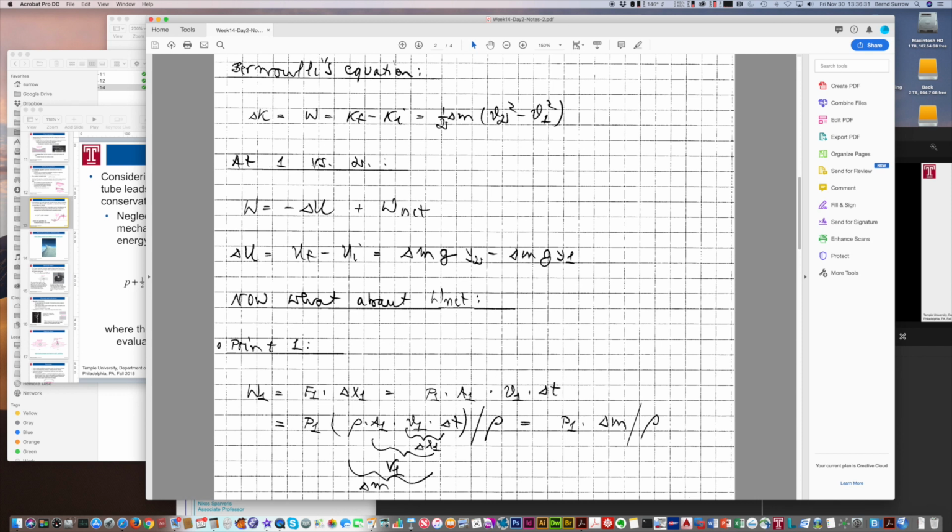So at 1 versus 2 here now, the work equals the negative of the change in potential energy, plus the amount of net work potentially performed here. So concerning now the change in potential energy due to gravitation, you can easily write this down. This is mass times g times height, so delta m g y2 minus delta m g y1.